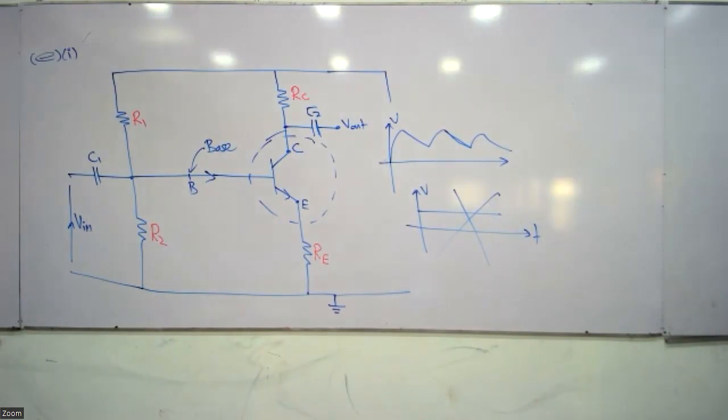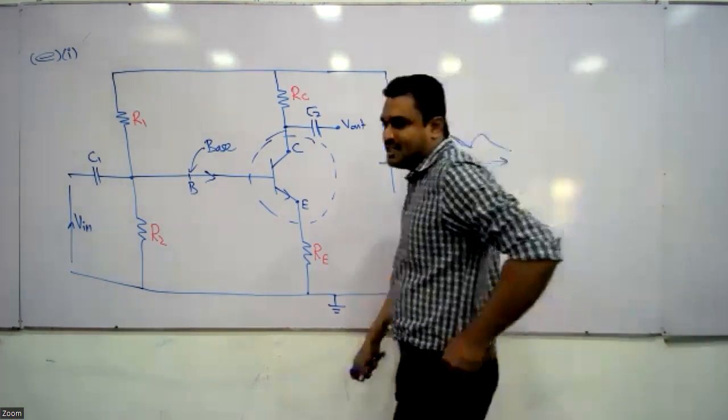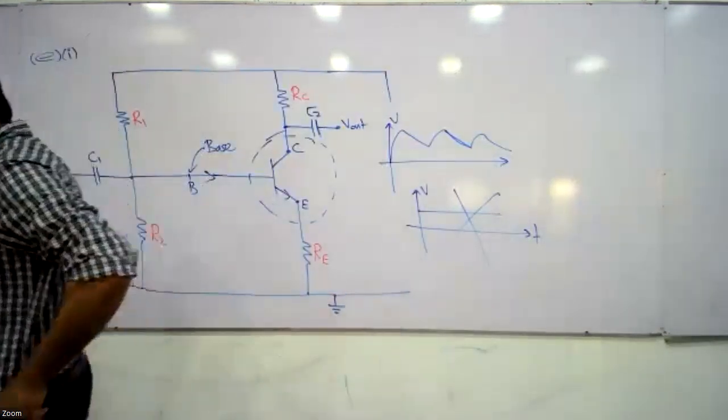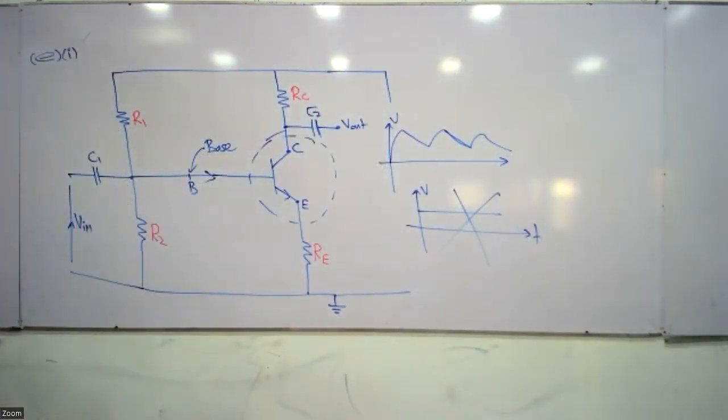You will underline and write, therefore, the base voltage is changed according to the ripples.